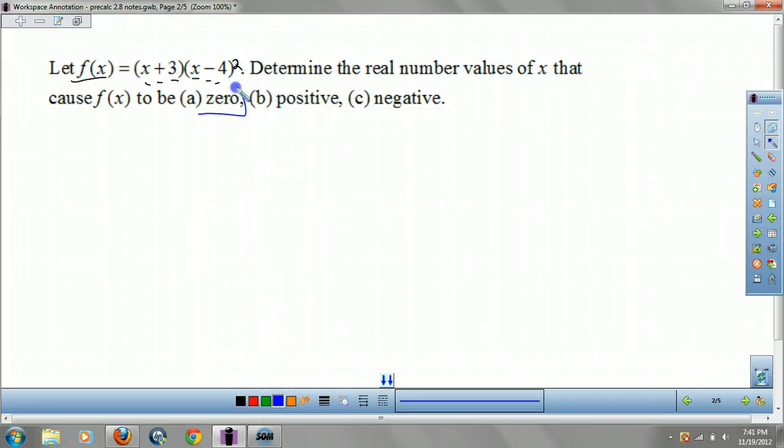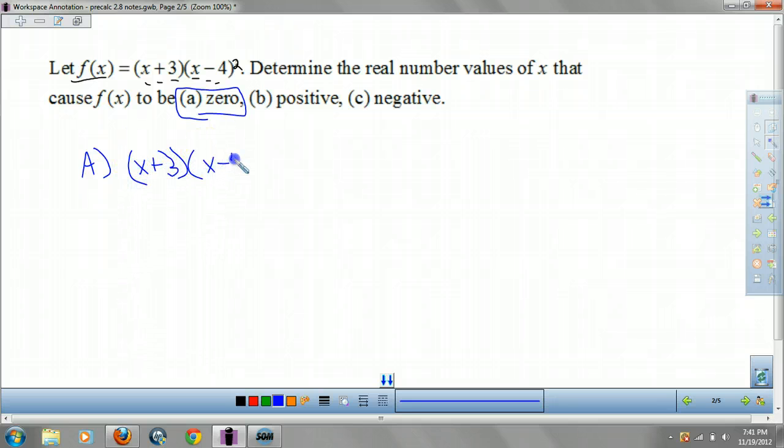So the first one you always have to look at is 0. Let's do a, and a is a nice easy one. We set x plus 3 times x minus 4 squared equal to 0. So you get x equals negative 3 and 4. Pretty basic stuff.